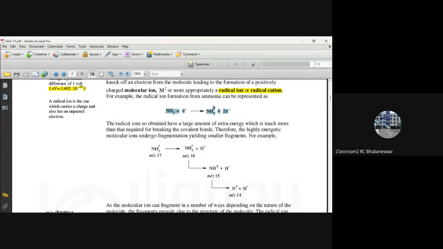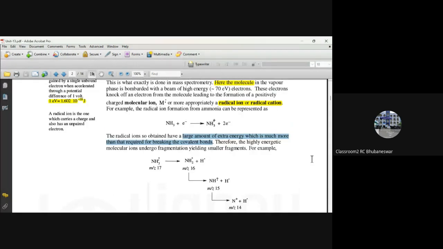These radical ions so obtained have a large amount of extra energy also, which is much more than that required for breaking of the covalent bonds. That means the energy of the high energy electron beam bombarding the molecule is quite large.